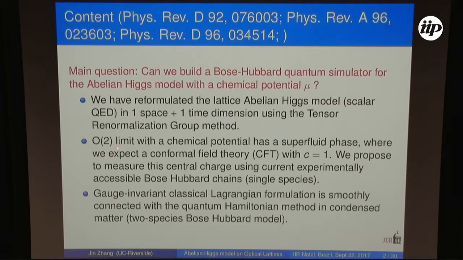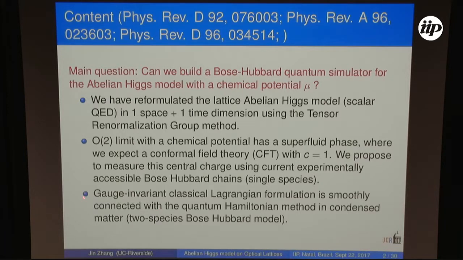Next, we will consider a special limit, which is the O(2) model with a chemical potential, which has a superfluid phase. Here we expect a conformal field theory with central charge c equals 1. We propose to measure this central charge using current experimentally accessible Bose-Hubbard chains, using the single species Bose-Hubbard model.